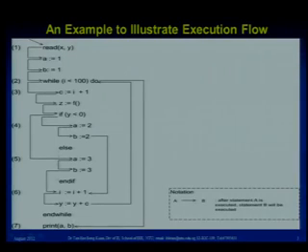The loop is here, while and while. So there are two possible execution flows after this statement, one is here, another one is here. This slide is to give you some basic understanding of execution flow between statements when a piece of code is executed.